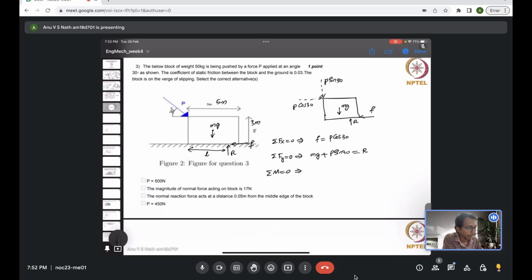So what I was saying is that we should take moment about any point and it should add up to 0 for equilibrium. I would choose, let's say this point. I'll call that point O, the corner on the right side.